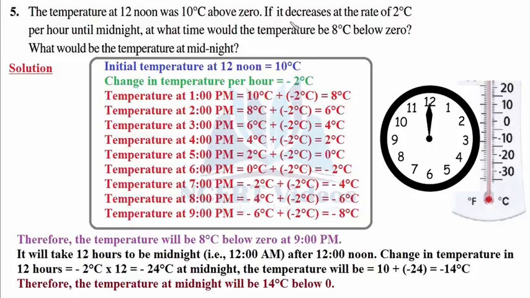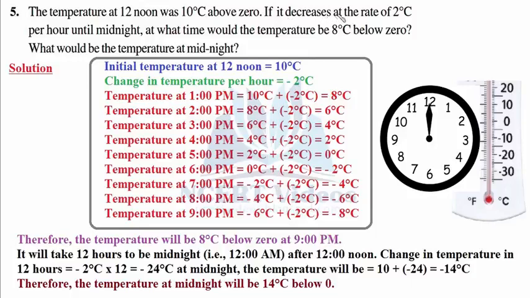So what does it mean? It means at 1 p.m. the temperature will be 8 degrees Celsius. That's what we have calculated, 10 minus 2, that is 8 degrees Celsius. And at 2, the temperature will be 8 minus 2 again, that is 6. Likewise, you can find it till 9 p.m. So you got how it is done.